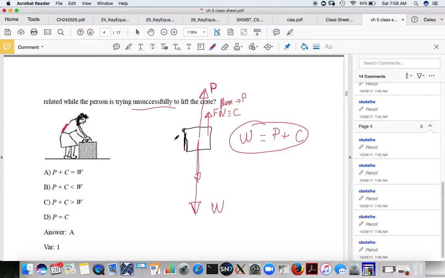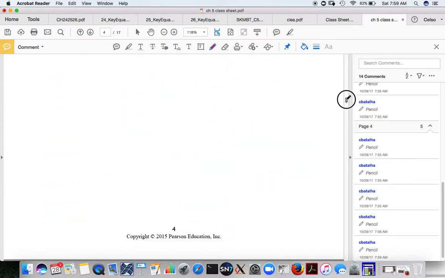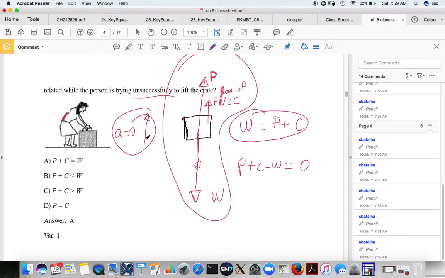Again, the crate is not moving, which means the upward or downward acceleration of the crate is zero, which means the net of these three forces must be zero, which means P plus C minus W, this is the net, must be equal to zero. Then the options go, yeah, A should be the good one.